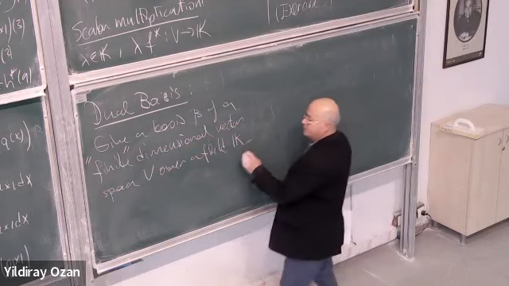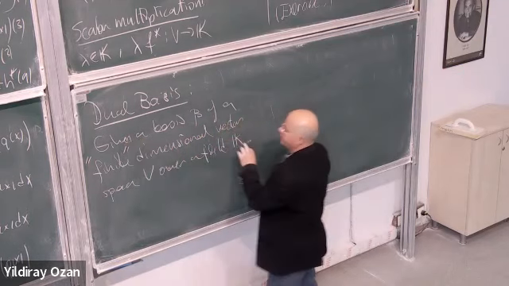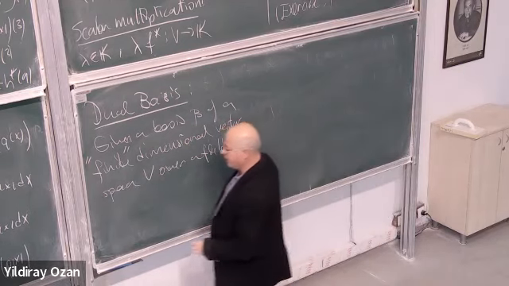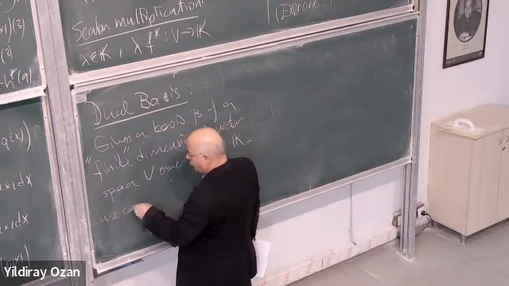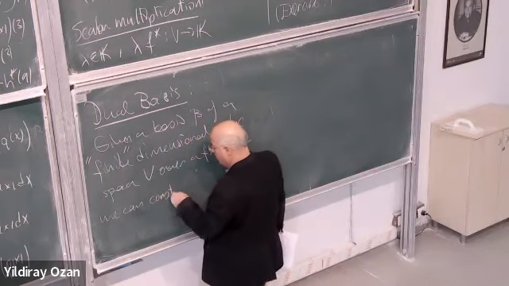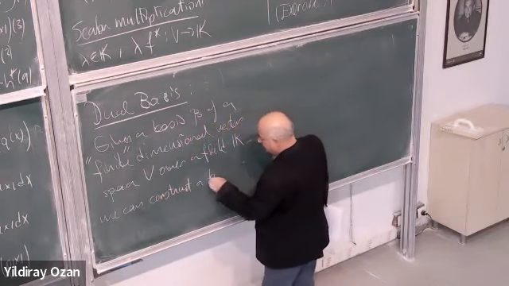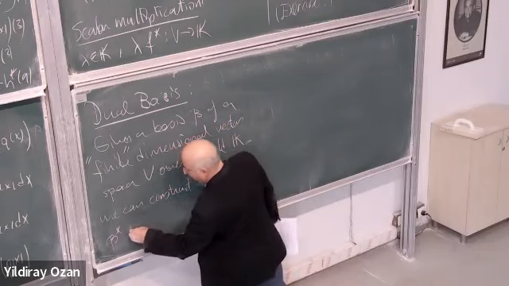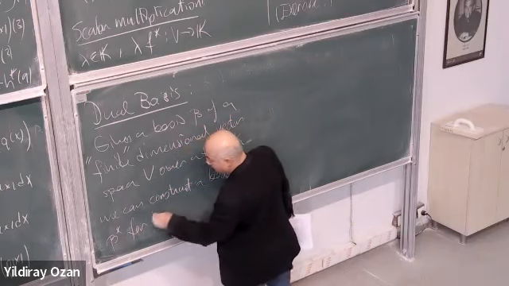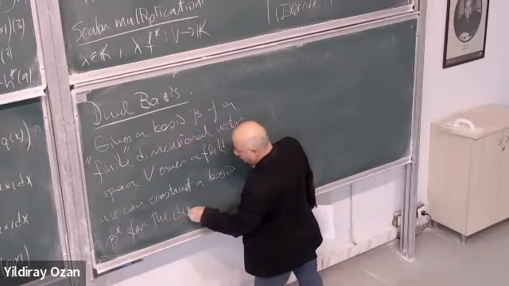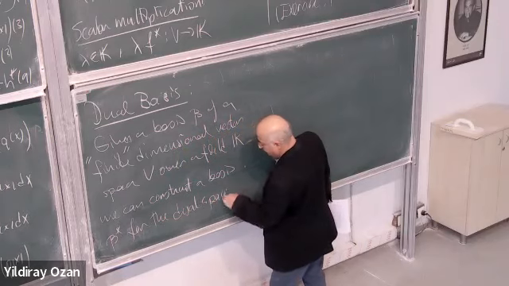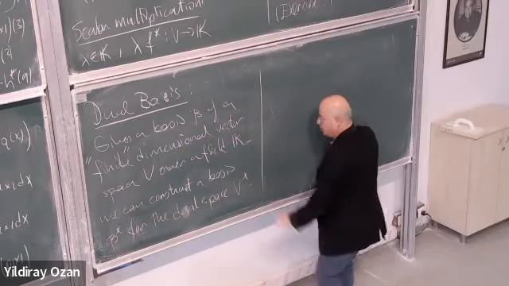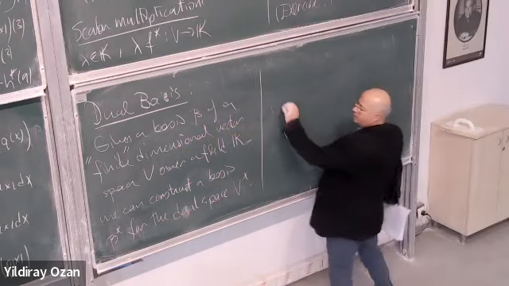Given a basis of a finite dimensional vector space V over a field K, we can construct the basis vector star for the dual space, V star.